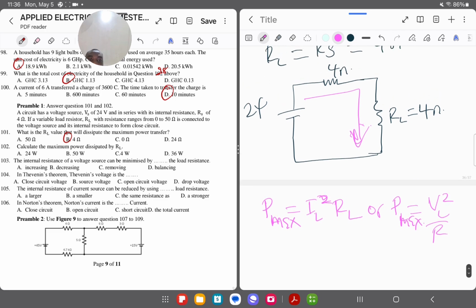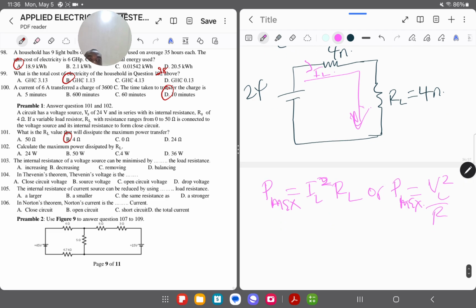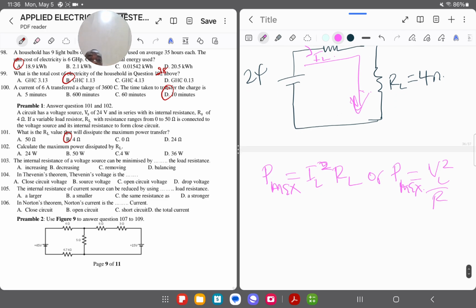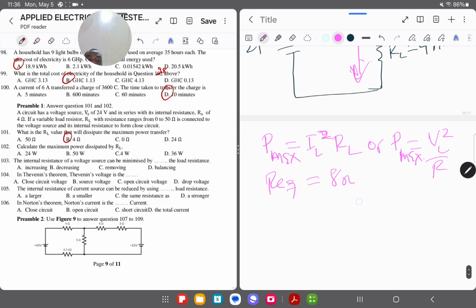So let's get the current, right? So the current that is going to be flowing here, which you can call IL, is going to be, again, 4 ohms, and you can see the 4 ohms is in series with another 4 ohms. So the equivalent resistance for that part is just going to be 8 ohms, right?